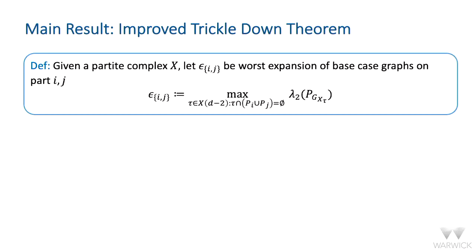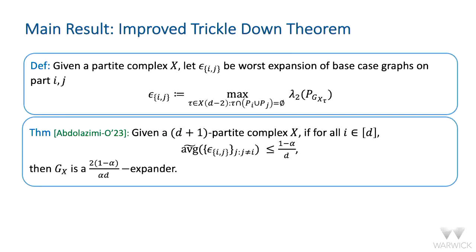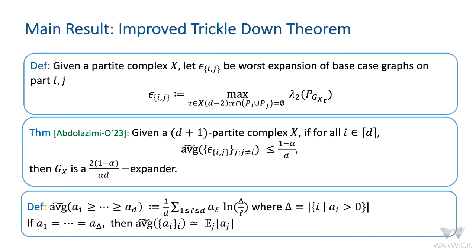And then we say that if for every i the average of epsilon ij is less than 1 minus alpha by d, then the one skeleton of the complex is a 1 minus alpha by alpha d expander. This average is really a weighted average, but there is a little mess going on, which maybe let's not get through at the moment.